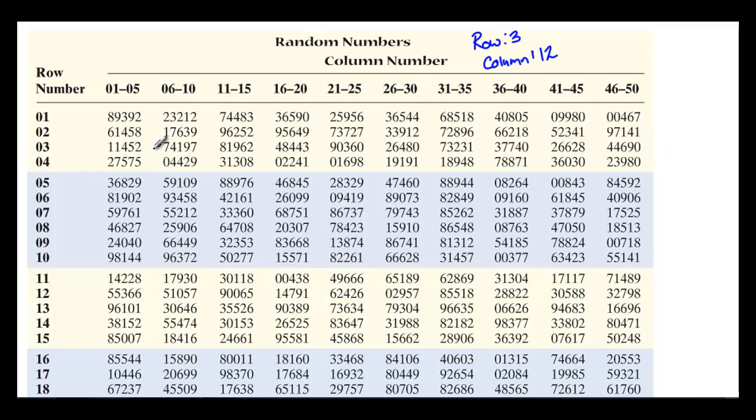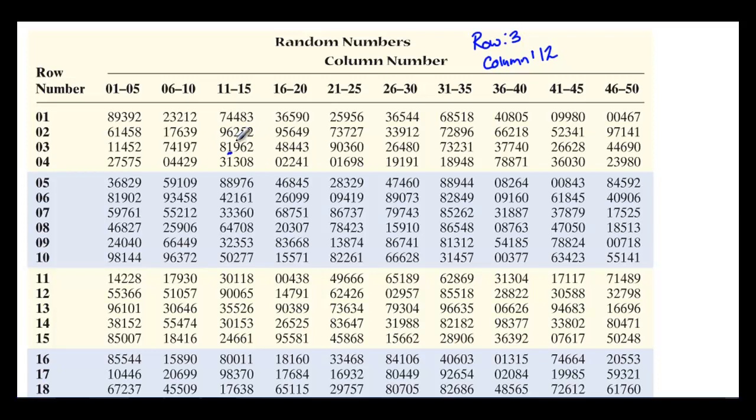They're only there to help your eye distinguish the different columns. This is columns 1 through 5, so 1, 2, 3, 4, 5, 6 through 10, and then we have 11 through 15, so column 12, 11, 12. Right here is going to be column 12. So we've located our starting point.